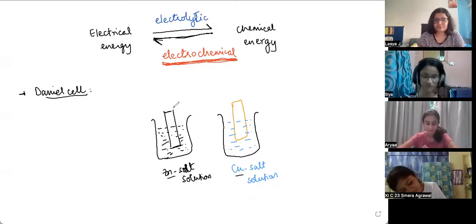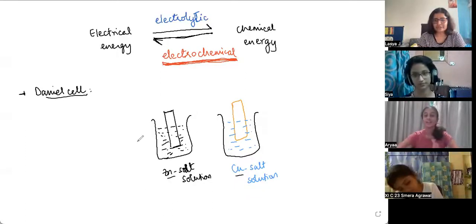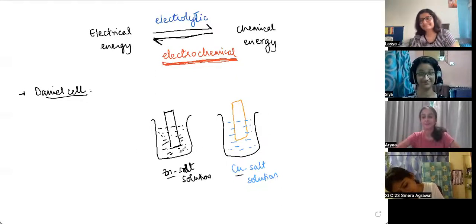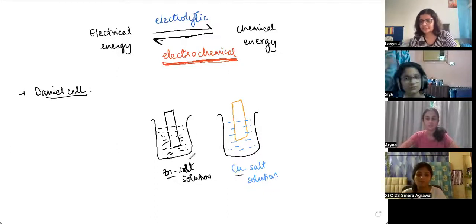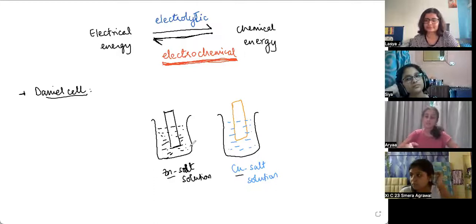This is used to find the reduction potential and oxidation potential, like you said. So that would be specific only for zinc and copper, right? No, any element has an oxidation potential or a reduction potential associated. But using this, we would only be able to find out for zinc and copper, right?